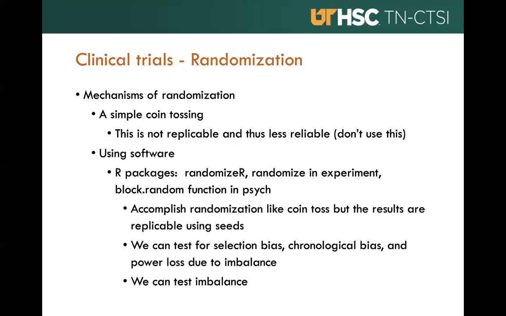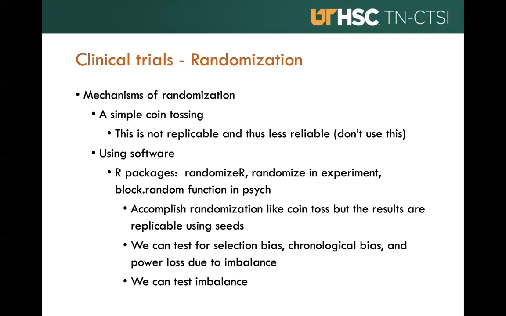The time period can have an effect. For example, the metabolism of individuals might change during seasons, so it might be different during winter and summer and the like. Time might make an impact, and those kinds of things are considered chronological bias. So it's a bias due to the time effect on the study assignment and the effect of the treatment on the outcome.